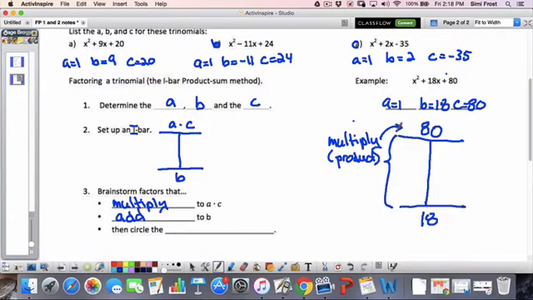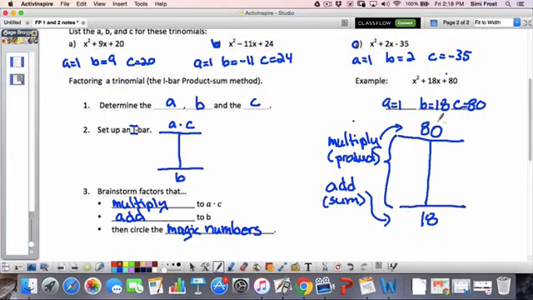So they're going to multiply to this number, and then they're going to add, so sum, to this number. All right, then circle the magic numbers, and that's what I call them. So let's go through and do that process.